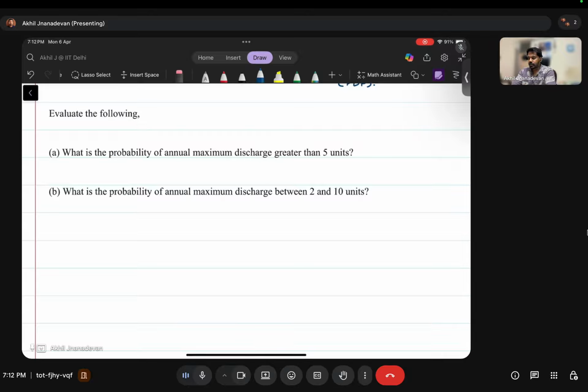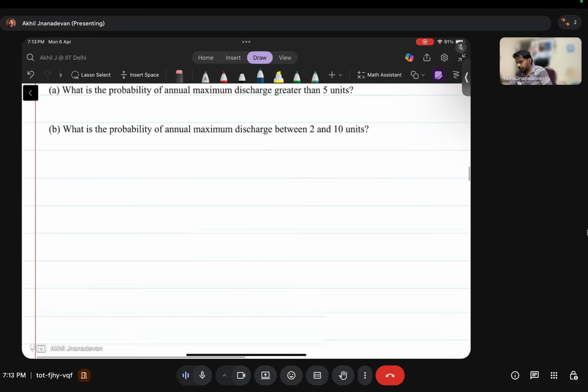This is just integration, right? So we can start with the first part.